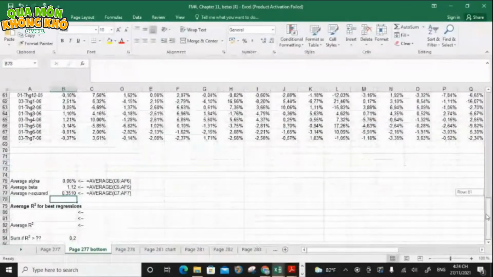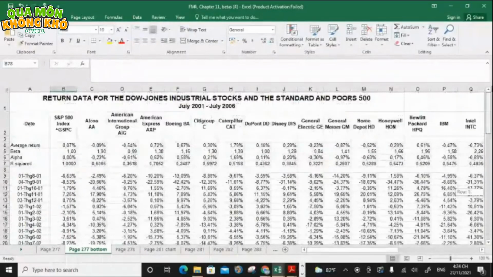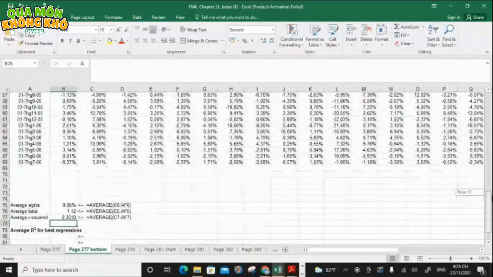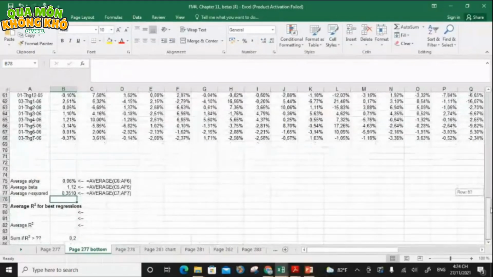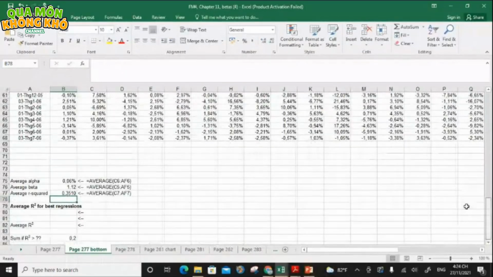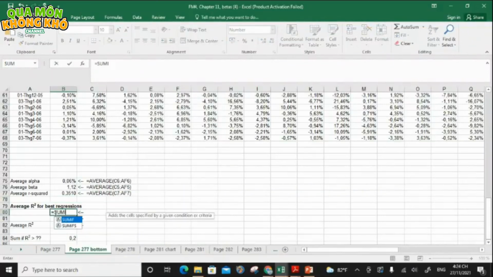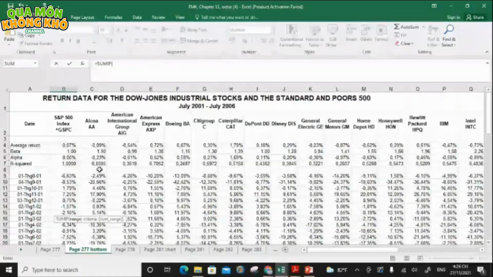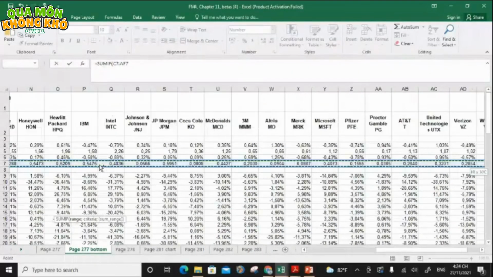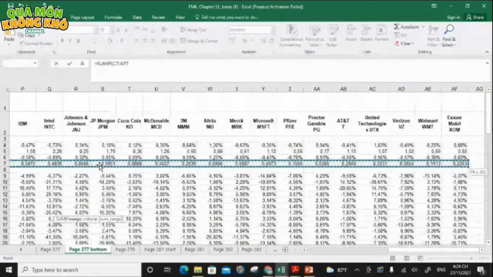Because each stock has a different R square, I will use the function SUMIF to see if the R square is larger than 0, and we will sum all of the R square by the function SUMIF, and select the R square from the AA stock to the AF stock.